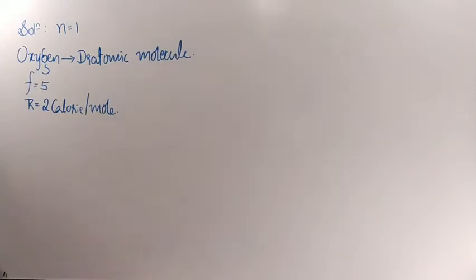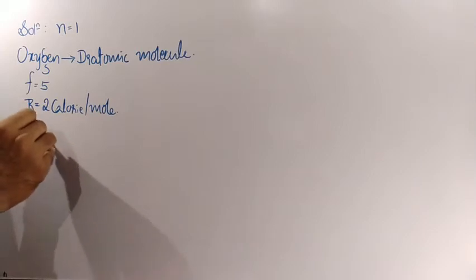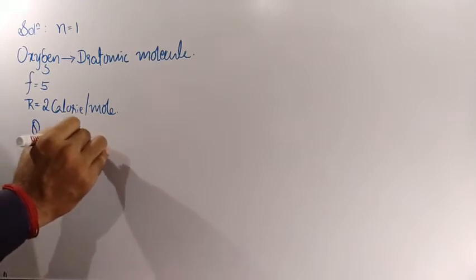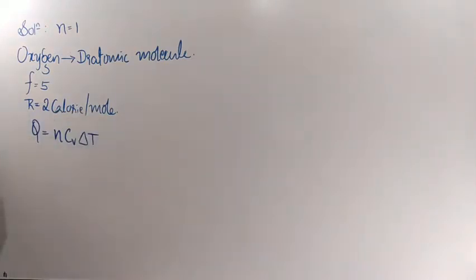So first one, Q we have to calculate. What is the formula for Q? Q is nothing but NC delta T, where C depends on constant pressure or constant volume. So they are telling that constant volume means what formula I should write? NCV delta T. Clear?